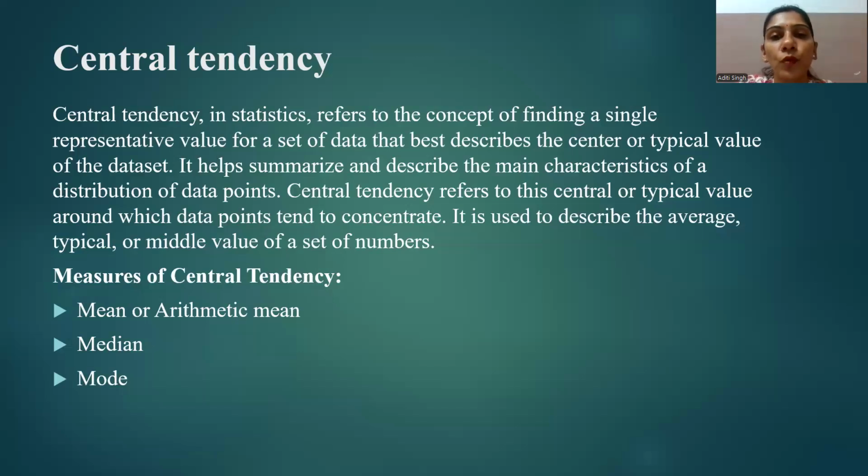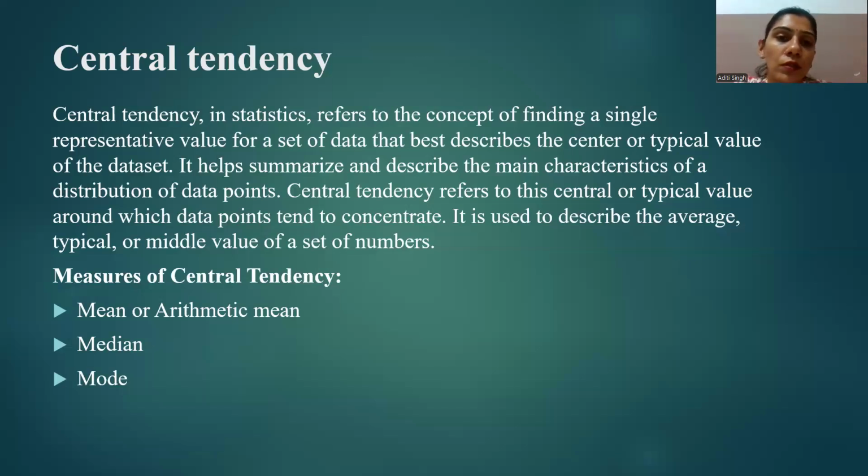Also, it does not provide information regarding individual data from the data set, but you can find out the summary of the data set. Generally, the central tendency of a data set can be defined by using measures in statistics. So in central tendency we generally use mean, median, and mode to find out the value.